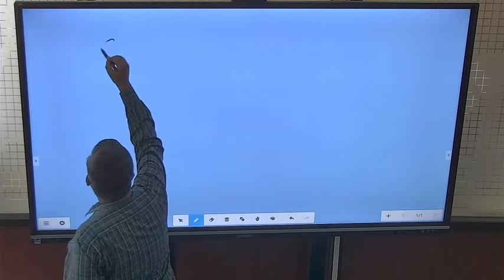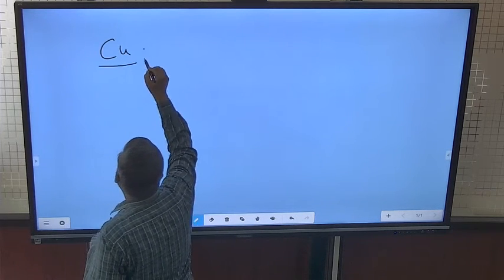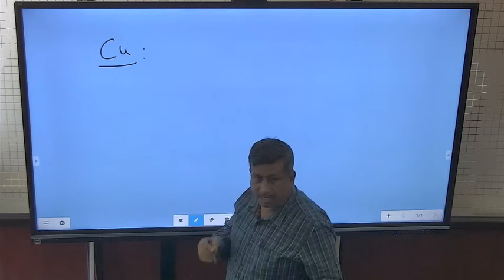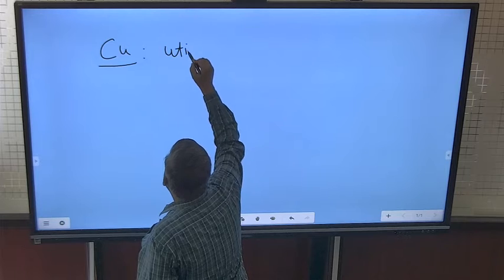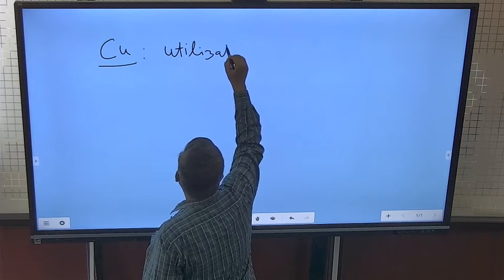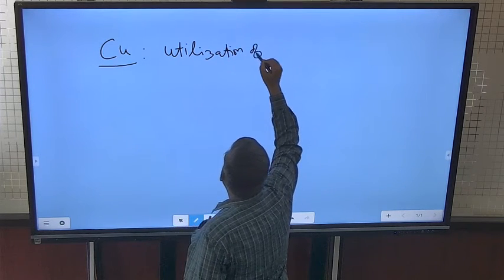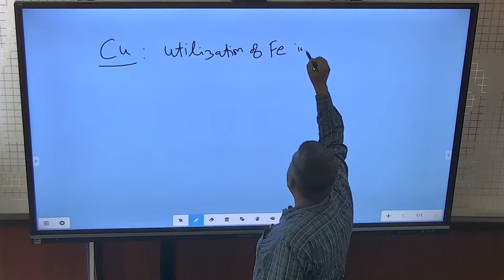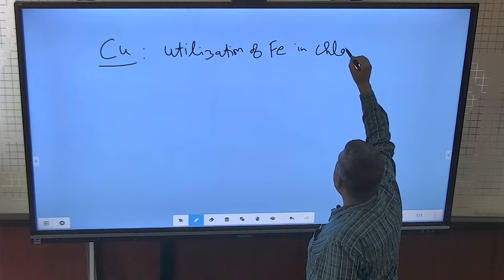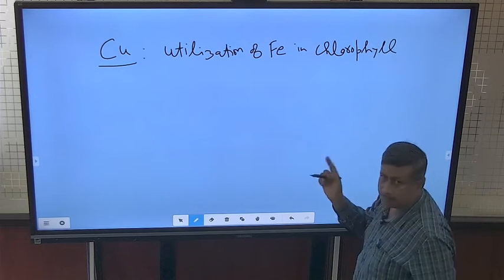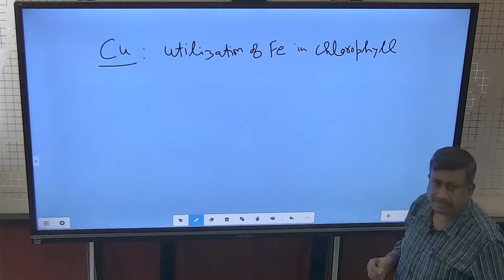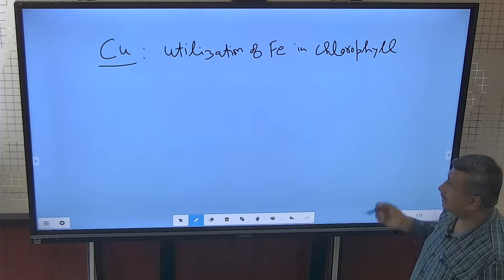Another micronutrient is copper, and copper helps in utilization of iron in chlorophyll formation. Chlorophyll is enhanced under the supply of iron, because iron acts as an activator of enzymes.